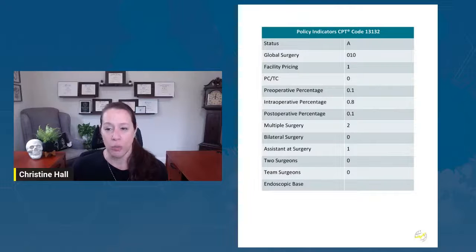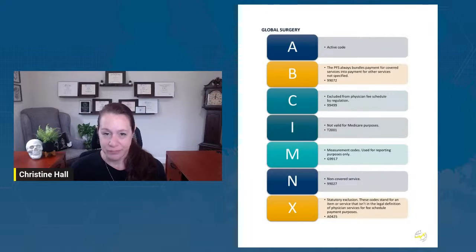So let's take a look at the global surgery indicator. Now, remember, our code had a global surgery indicator of A as an apple. It means that this is an active code.